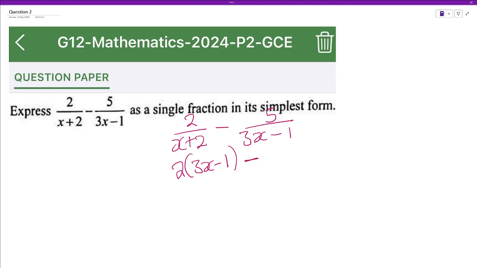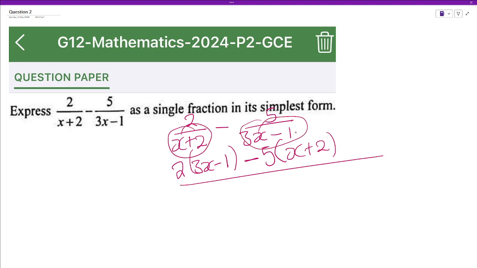Then we bring down that minus, bring down that 5, and then we put this denominator in brackets. Okay, so x plus 2, close, and then your denominator is going to compose of this one and that one, both of them, but in brackets. In bracket x plus 2, close, open, 3x minus 1, close.